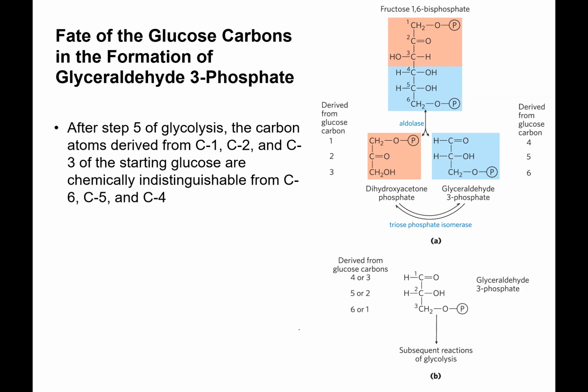One thing that's interesting to take note of is that after this final step of the preparatory phase, the atoms from carbons 1, 2, and 3 of the starting glucose cannot be distinguished from carbons 6, 5, and 4, 4, 5, and 6, if you prefer. And that's because of this isomerization reaction. We know for DHAP that it's carbons 1, 2, and 3, right? And we know for glyceraldehyde 3-phosphate that it's carbons 4, 5, and 6.